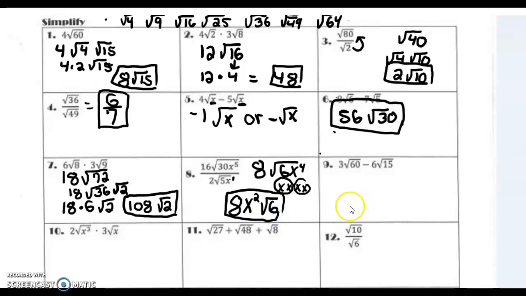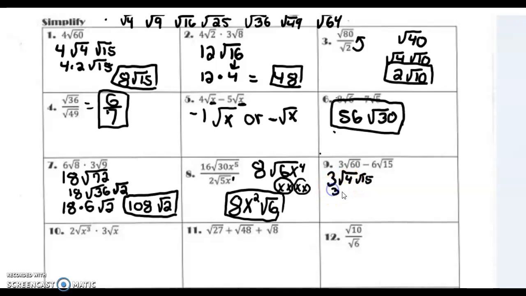Alright, number 9. I'm going to break down both of these individually because I want to find a radical. In this case, it's going to be a number, not a letter. Alright. So let's start with 60. So 60 has a 4 in it and a 15. 4 comes out as a 2, right?